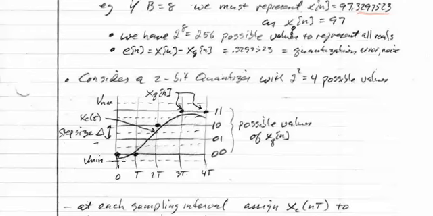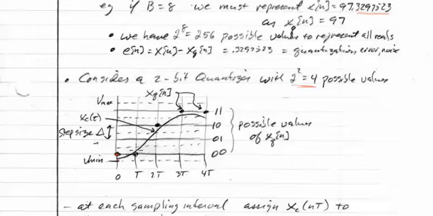So you see what's going to happen. We only have 4 possible, 2 to the 2 is 4, 4 possible voltage levels, and at each sample interval we're going to assign the signal to the nearest quantized voltage level. So at this first sample interval, the voltage is here, we're going to assign it to that one.